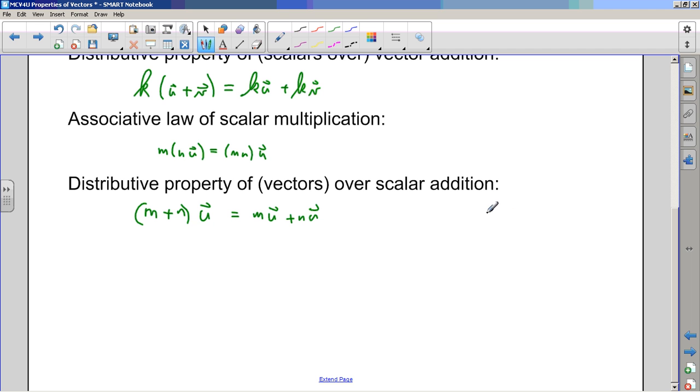If we had 2x plus 5x in grade 9 or grade 8, we'd go, okay, yeah, 2 plus 5 is 7x. Yeah, I can collect like terms. And this is true if this were a vector. So 2 times a vector plus 5 times a vector is indeed 7 times a vector.